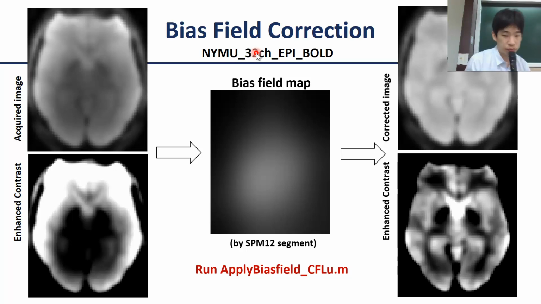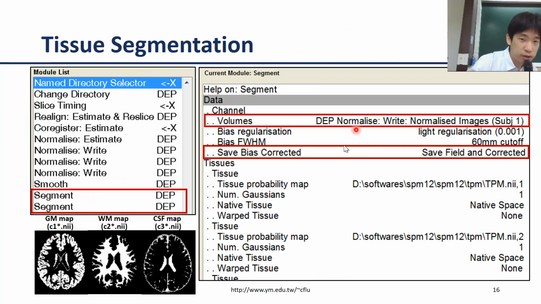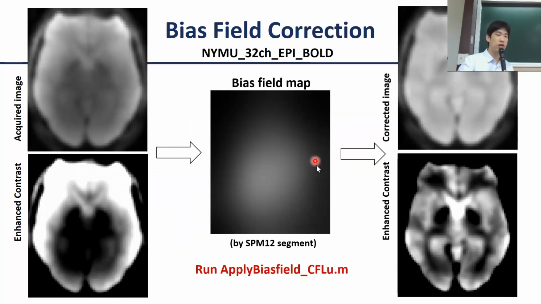And you may see that in this step, the segment module will output the bias field map for you. However, SPM didn't do the bias field correction for you. So what you can do is use one of the MATLAB scripts that I provide to you this week.